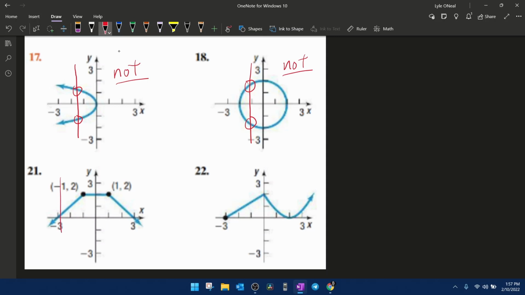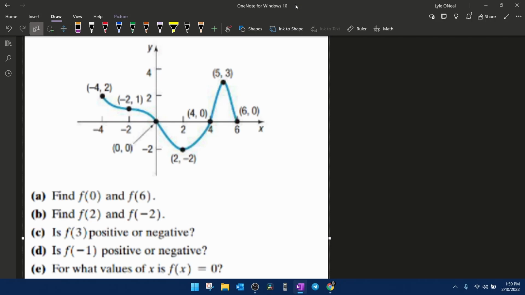Number 21, again notice that every vertical line that I could possibly draw will intersect the graph only one time, and that means that that is the graph of a function. And number 22, again, every vertical line that I could possibly draw touches the graph only one time, and that is a function.